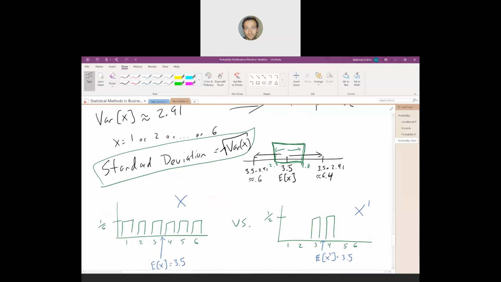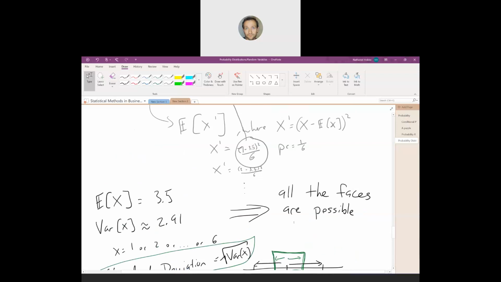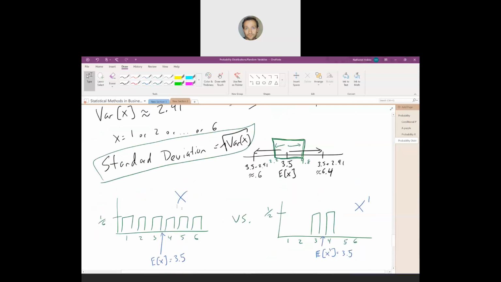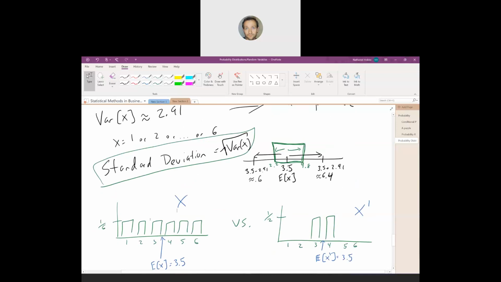It covers almost 4 different sides of the die. So while on average you'll get 3.5, as you say, all the faces are kind of possible. So it's very spread out where these numbers are with respect to the average value. Here, these two values are more concentrated. So they have a higher probability as well.